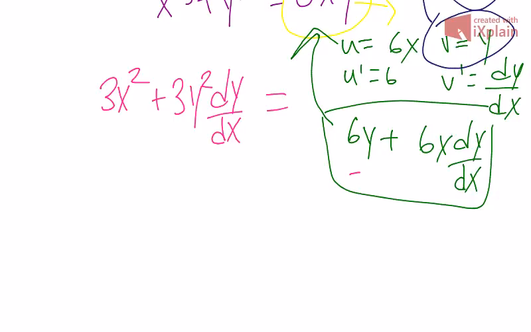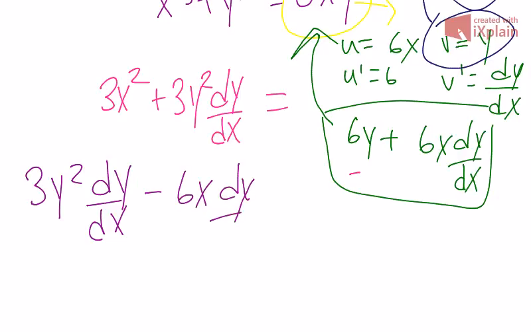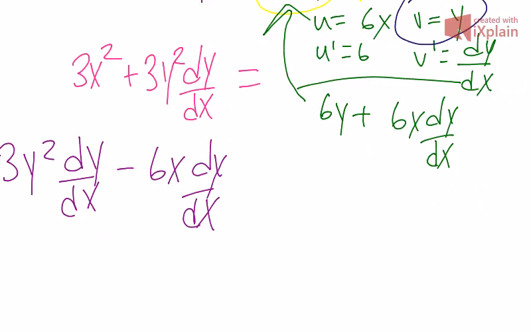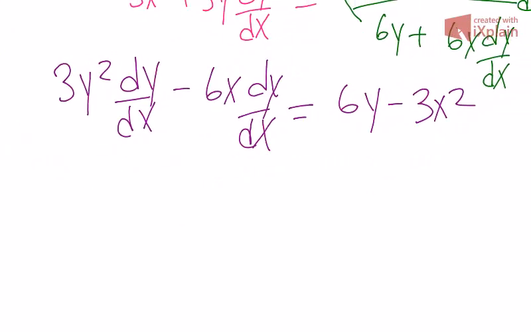So this will become 3y squared dy over dx minus 6x dy over dx is equal to 6y minus 3x squared.